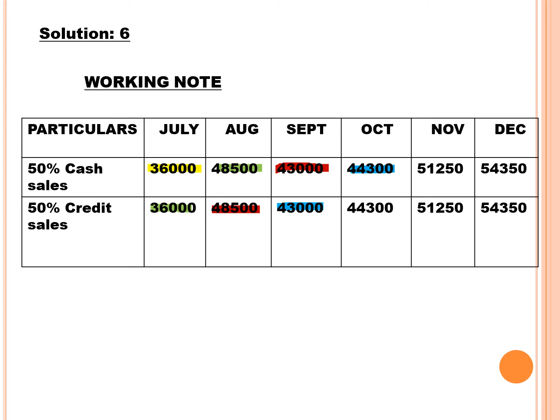What will you receive in November? October credit sales and November cash sales. Next, what will you receive in December? November's credit sales will be received in December, and December cash sales. Hope with the color combination you are able to understand what you receive.